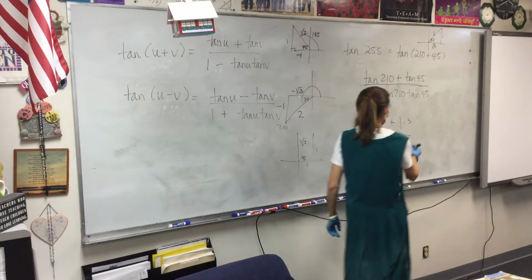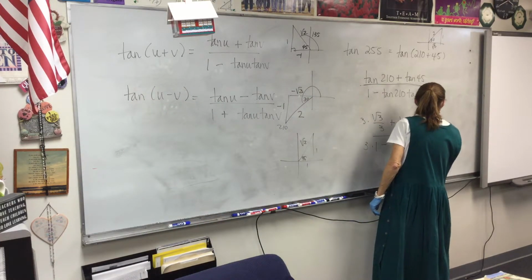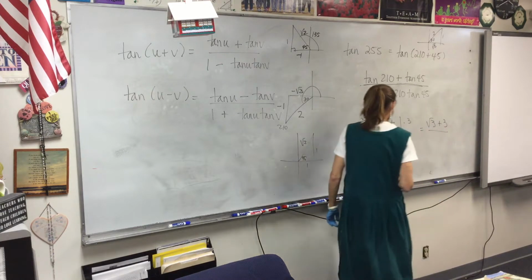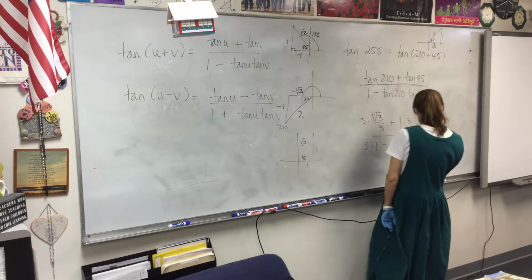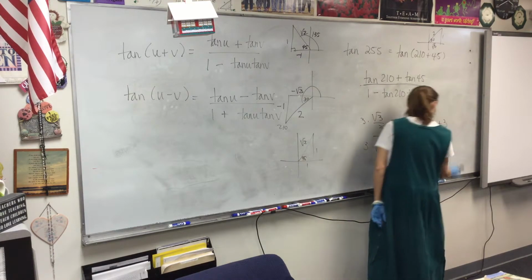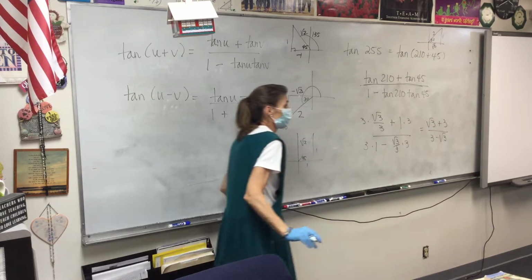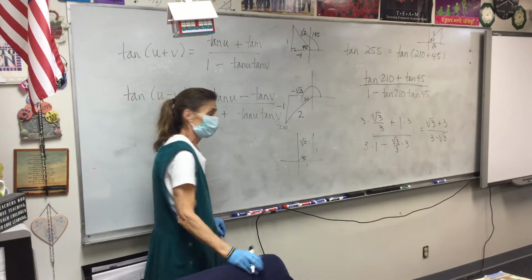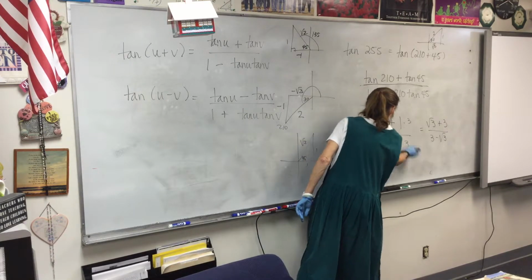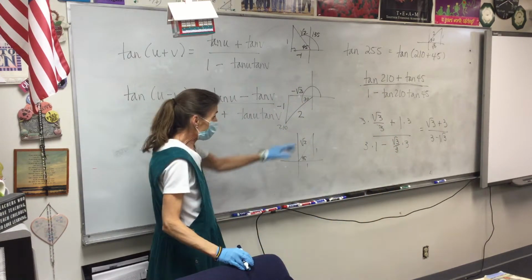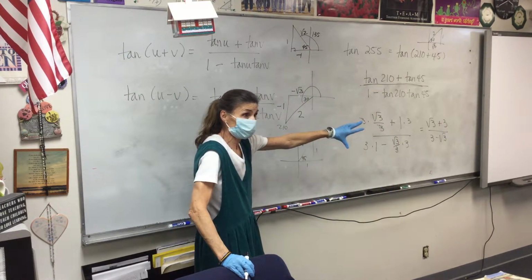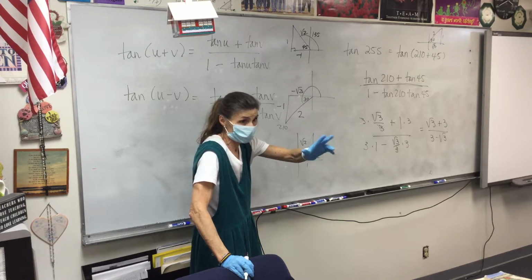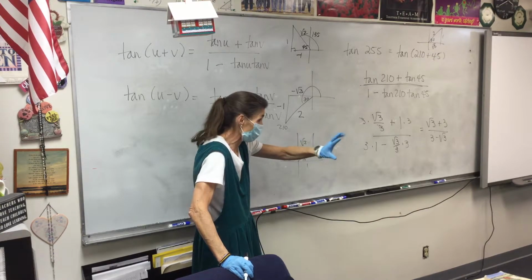That's going to leave me with root 3 plus 3 over 3 minus root 3. Everybody see that? Now I know that's full of root 3's and 3's, but you can't cancel any of them. You understand that, right? There's no canceling in this problem at this point.